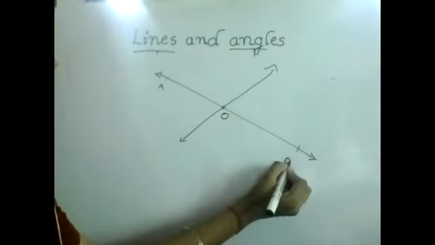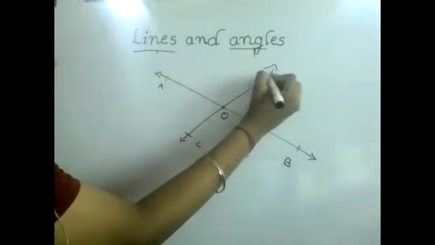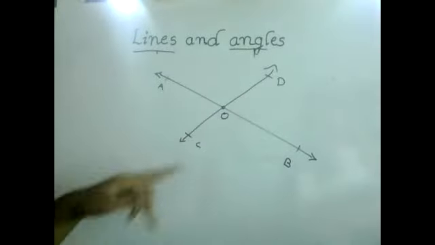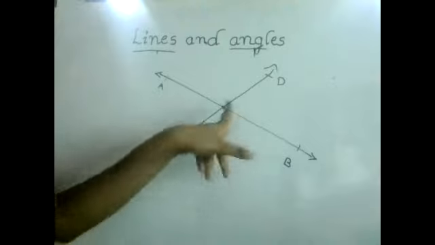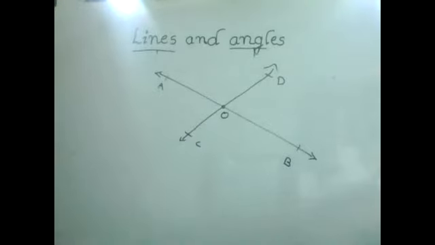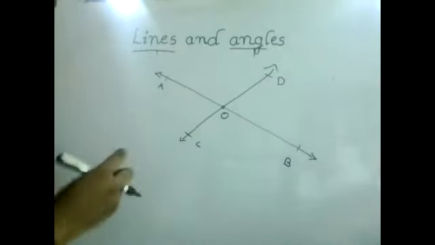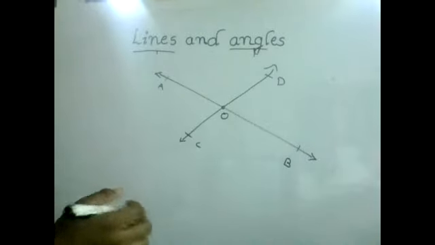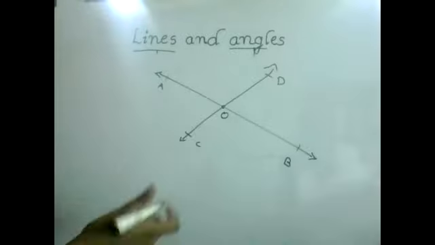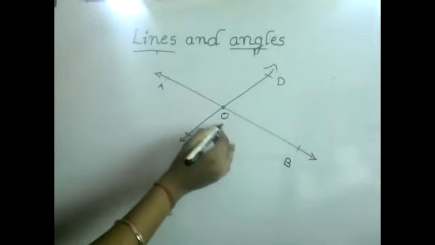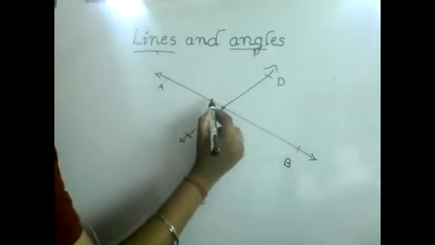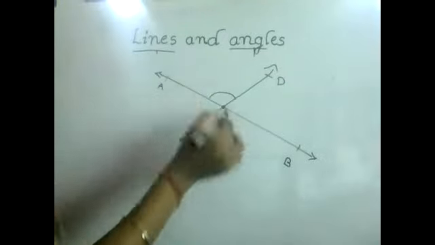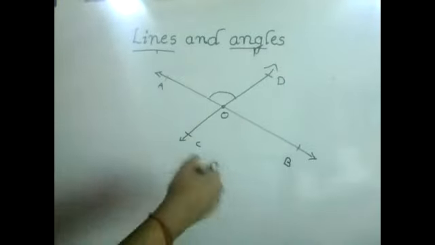Let this be AB, let this be CD. So now they have a common point. So the AB line and CD line, we can say, are intersecting lines. If the lines intersect, how many angles will be formed? It is very easy to find. OB, OA are two rays, and we have the angle between them.